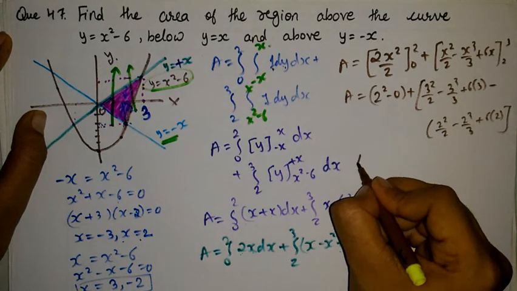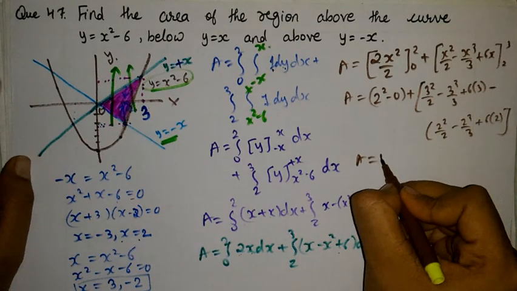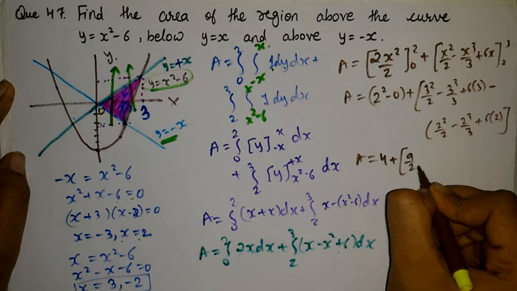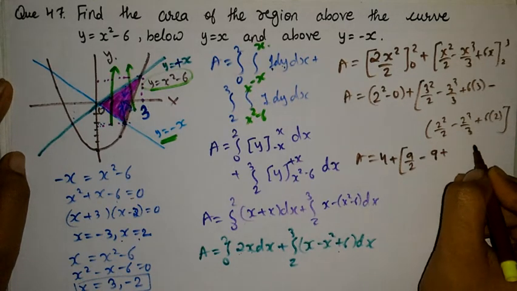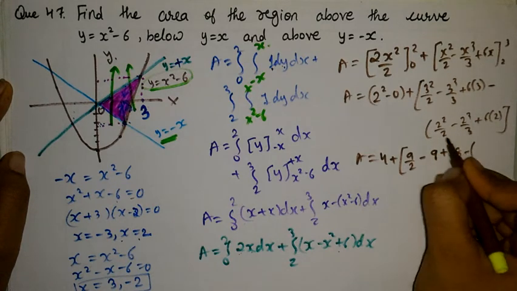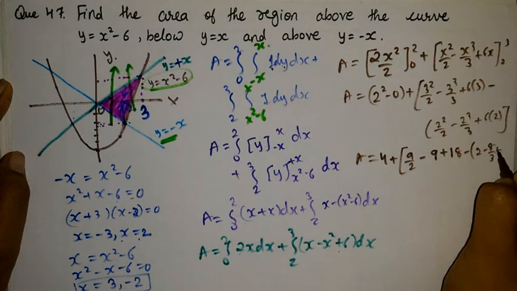Now solving this, we get 4 plus, this is 3 square, 9 by 2 minus 3 will get cancelled, here it will be minus 9 plus 6 into 3, 18, minus this will be 2 minus this will be 8 by 3 plus 6 into 2, 12.